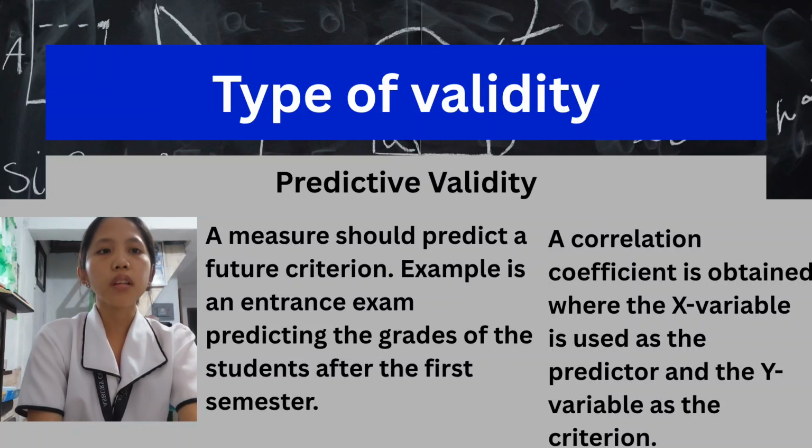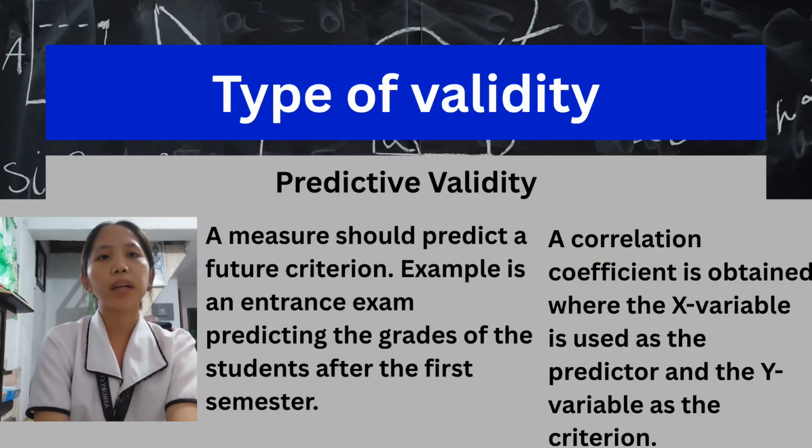So again, balikan natin, when we say content validity, it asks, match ba ang test sa objectives. And when we say face validity, maayos ba and clear yung isang test. And predictive validity, tinatanong nito, can the test predict future performance.